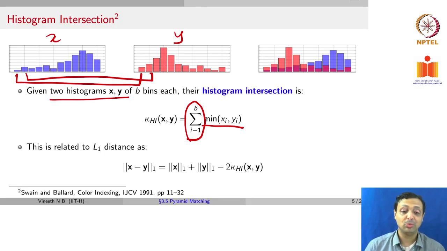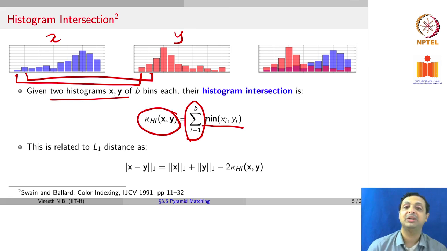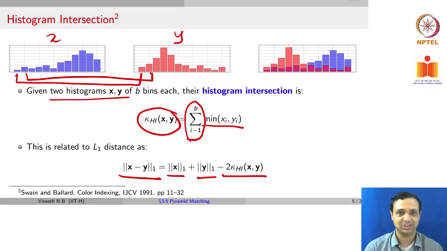Interestingly, you can show that this notion of histogram intersection, which we define as kappa sub hi, has a relation to L1 distance. We are not going to prove it here, but leave it as an exercise for you to look at. The L1 distance between two vectors X and Y can be given by the L1 norm of X plus the L1 norm of Y minus 2 times the histogram intersection.